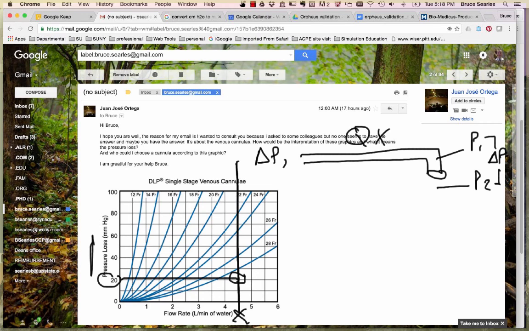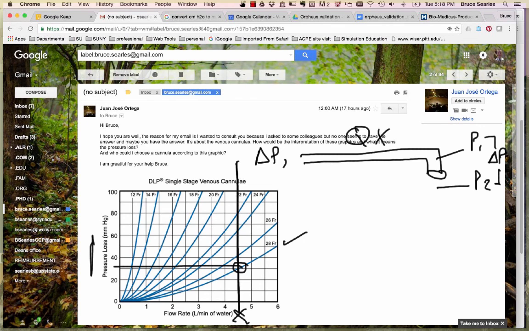Let's look at this one. The 28 French would need 30 millimeters of mercury positive pressure to drive 4.5 liters flow into that cannula.